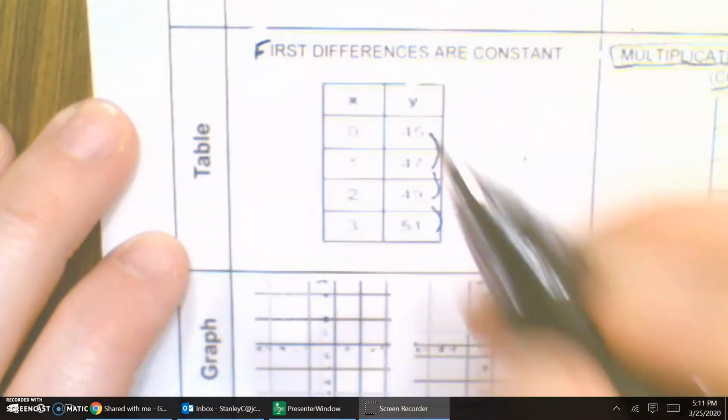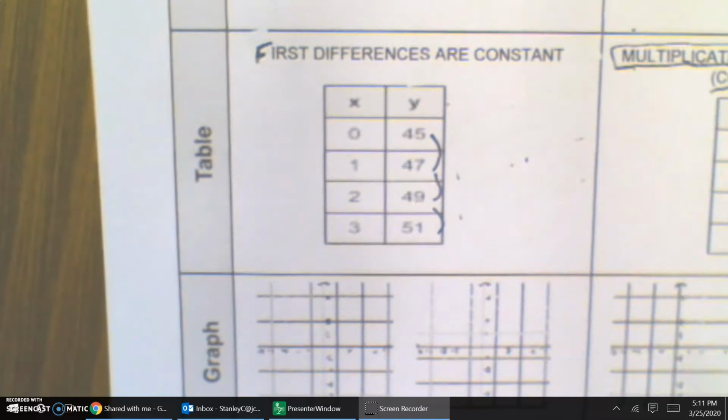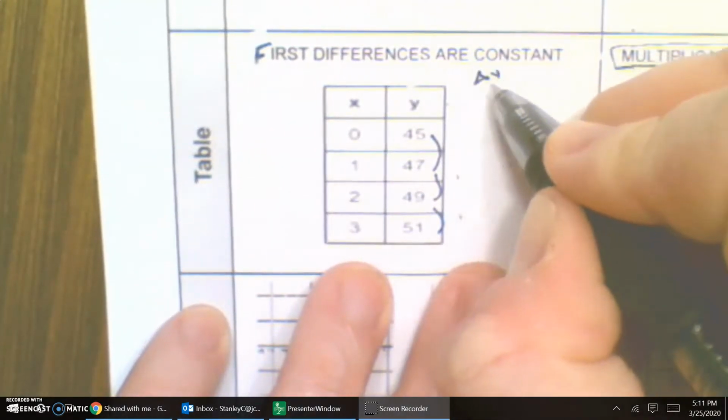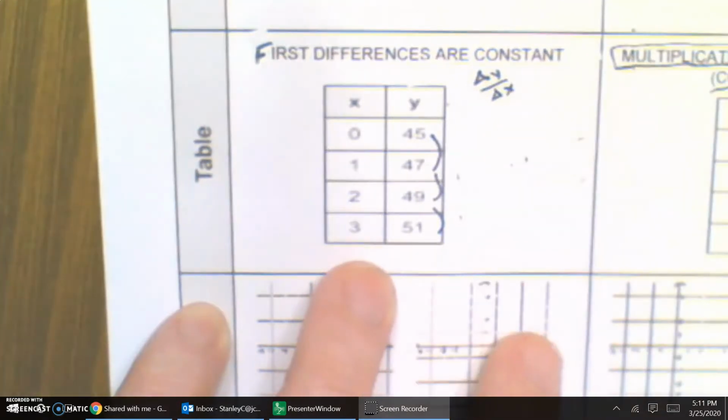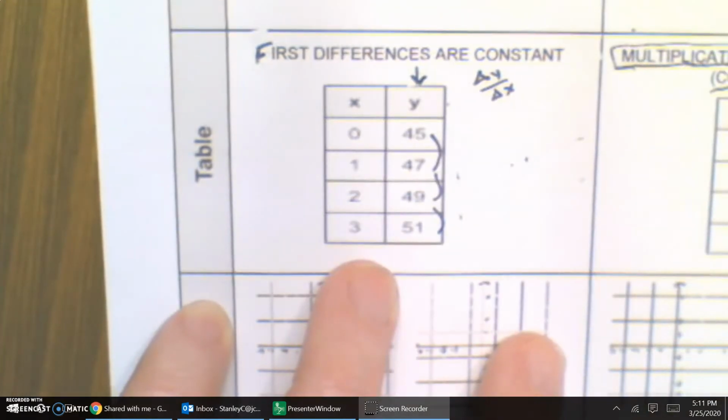To be linear, we want the first differences to be constant. So remember slope, we did delta y over delta x. So the y value is what we would start with first. So the y column. Difference is to subtract.